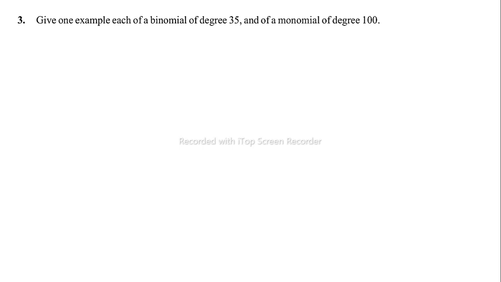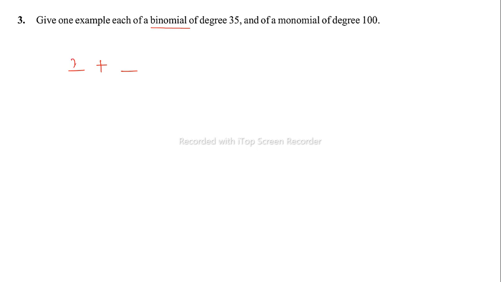Next, give one example each of a binomial of degree 35 and of a monomial of degree 100. Since we want a binomial, a binomial will have two terms with operators plus or minus. Degree 35 means the highest power must be 35.